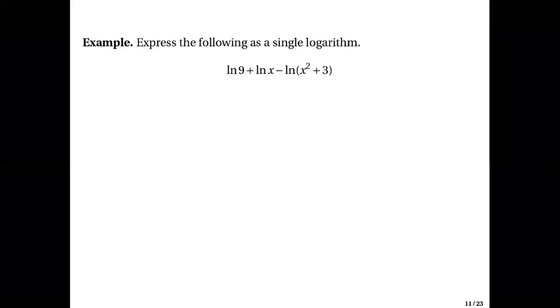Which means here we have ln of 9 times x, and then here we have minus, so this will be in the denominator. x squared plus 3. And that's it. So from a sum or difference of logarithms, we are now able to write them as a single logarithm.